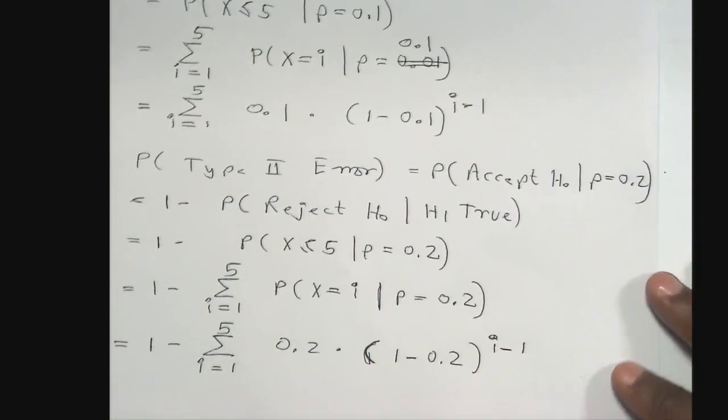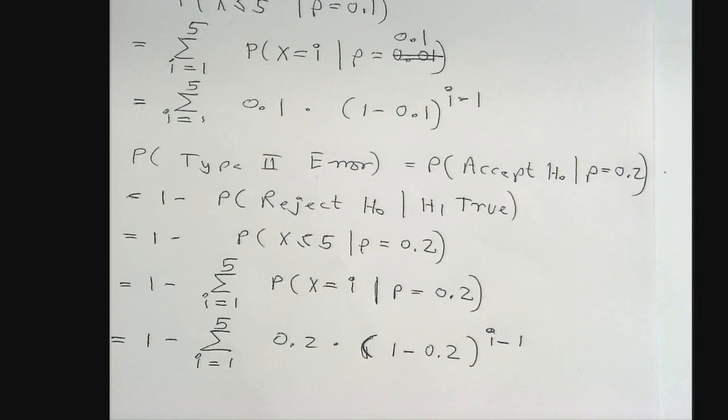Alright, so that's the answer, guys. This is the probability of type 2 error, and this one is the probability of type 1 error.